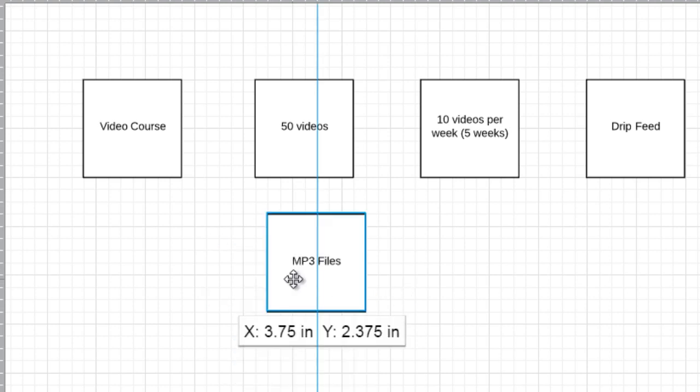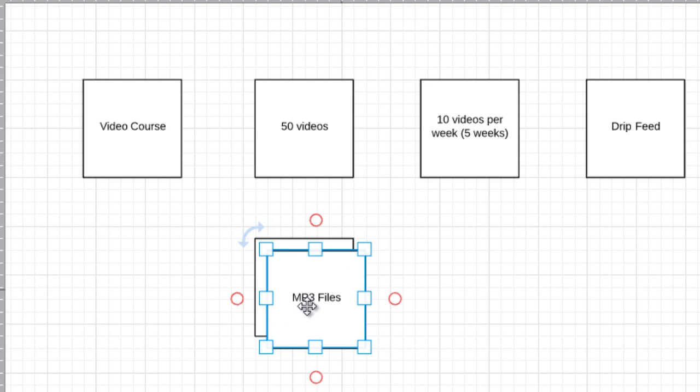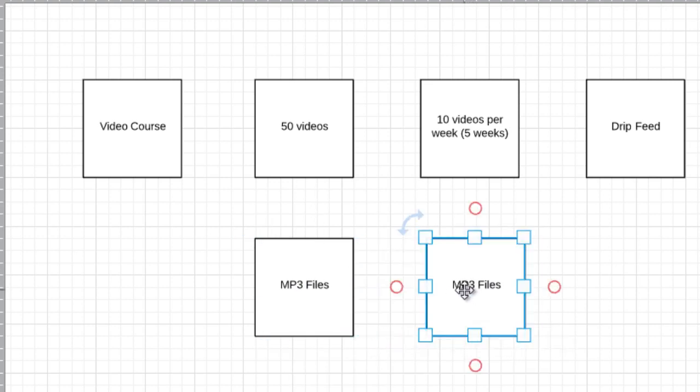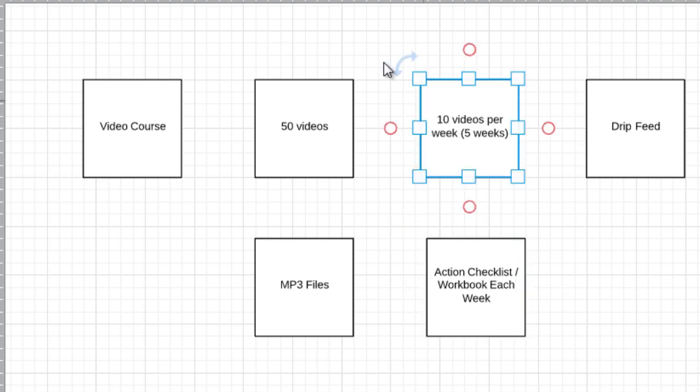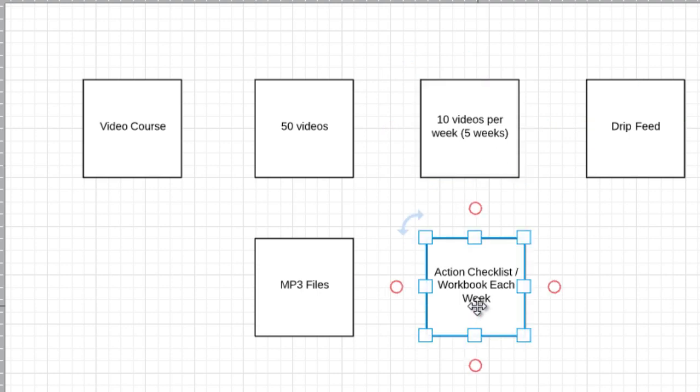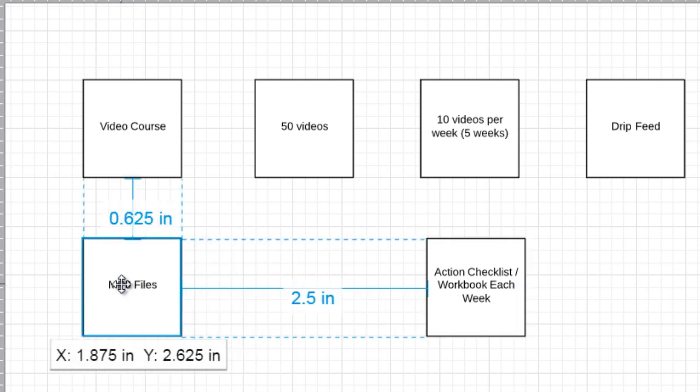And maybe to get them to actually complete the work, I'm going to include some sort of action checklist or workbook each and every week. So they get 10 videos per week, plus they also get these things per week as well. Video course, MP3 files, those are just mediums.